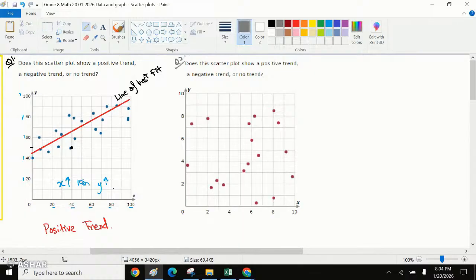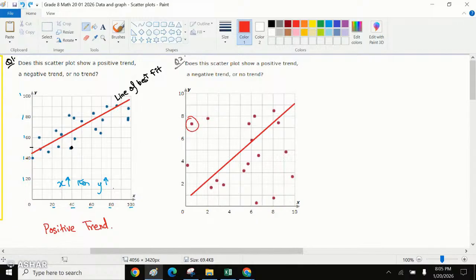Question number 2. See, the points are randomly plotted, but they are scattered throughout the grid, right? So if I would draw a line showing a positive plot over here, these points will not be justified, right? The points which are very far away from the lines are not justified, right?